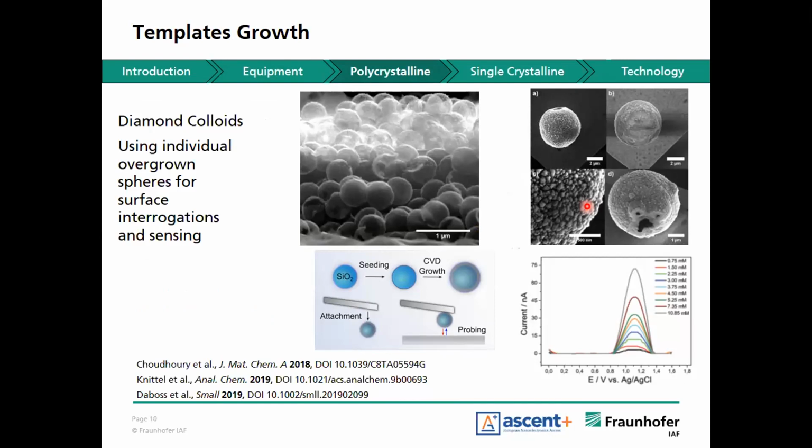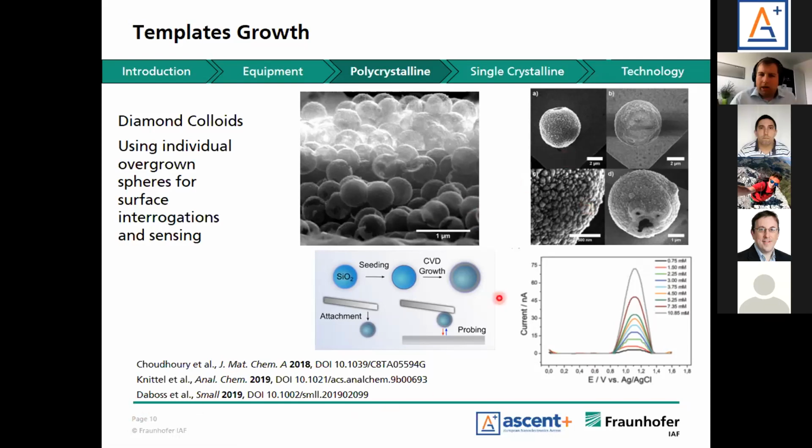So you can use these nice silica beads, for example, then you seed them with the nanodiamonds, you overgrow them with diamond. This allows you to use them, for example, for probing. This has been published. Another thing is if it's boron doped, and this is possible as well, then you can use these colloids on an electrode to increase the surface area and do catalytic applications with that.